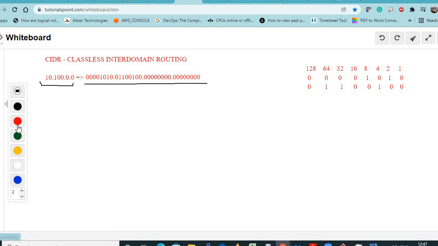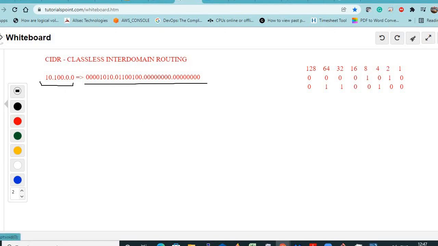Now we are going to discuss only with respect to AWS. Not only AWS, all major cloud providers like Azure and GCP follow the same strategy. The maximum is /16. Now what if I pick /17 or /18?